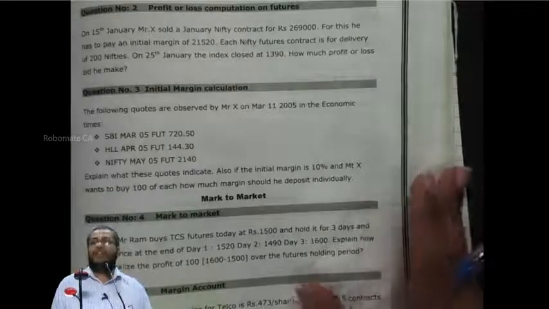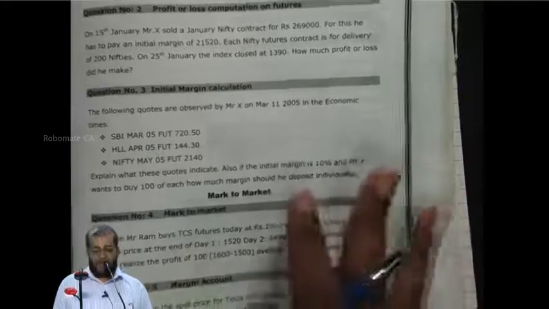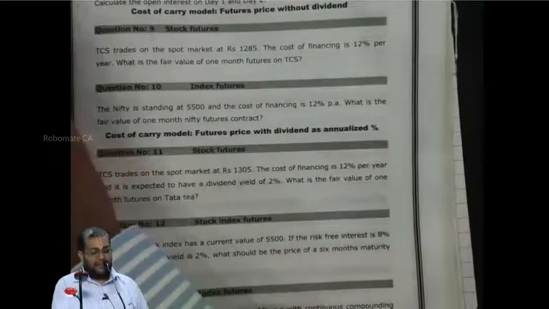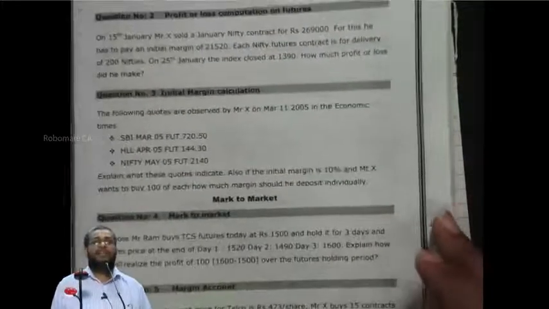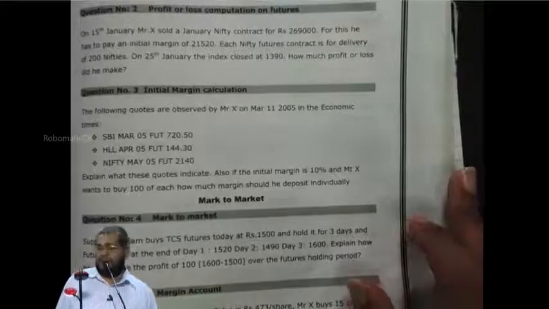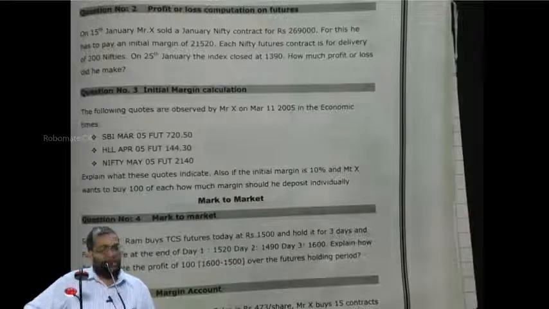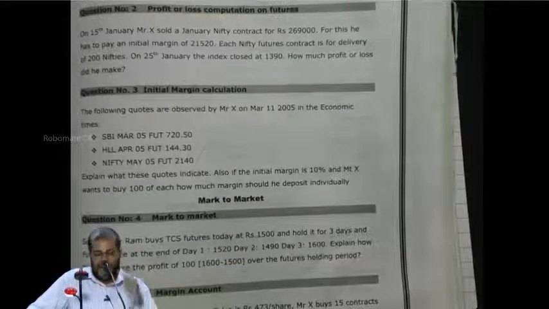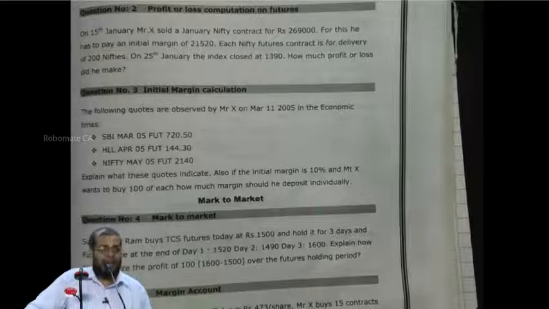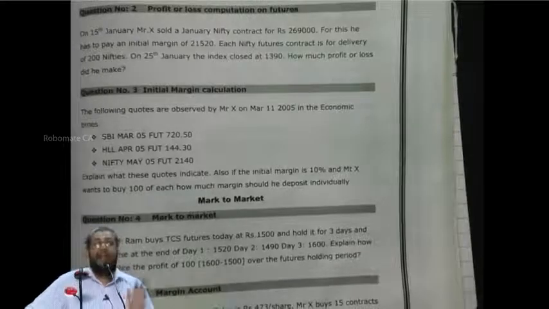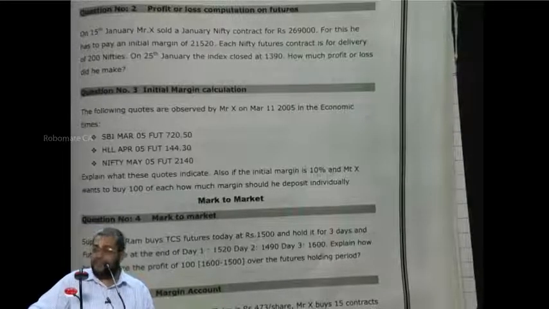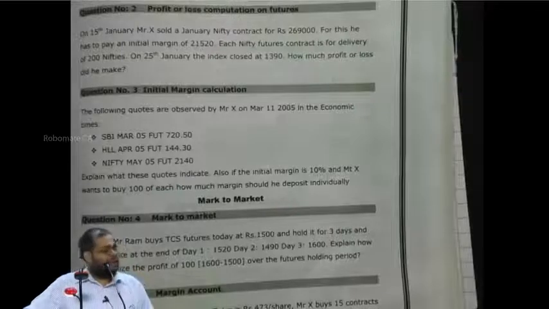Every contract has 50 shares. So what is the size of the 15 contracts? 750 shares. That means I have taken a buy position on 750 shares at an agreed price of 491 per share. That is, I have agreed to buy 750 telco shares at the end of July.